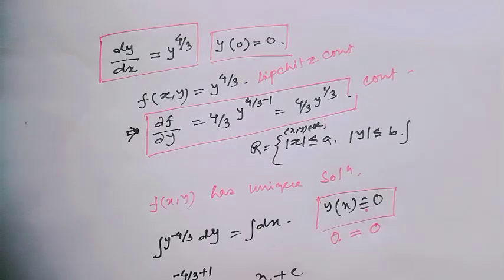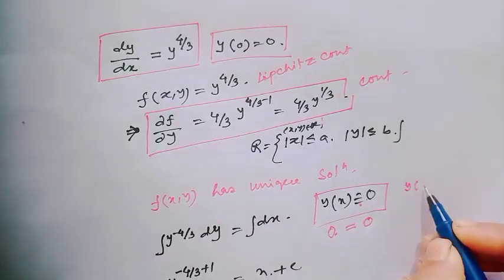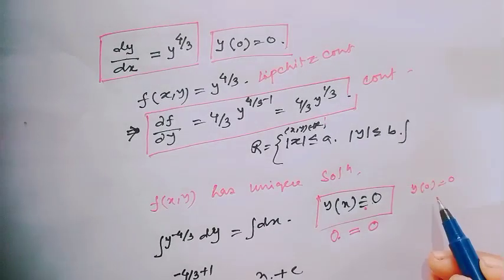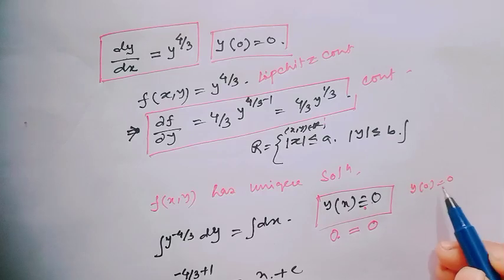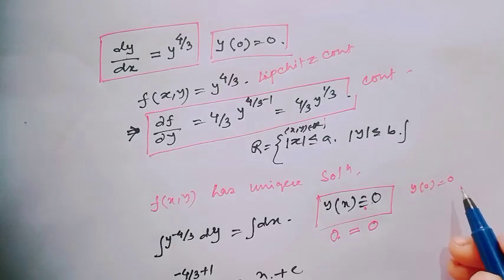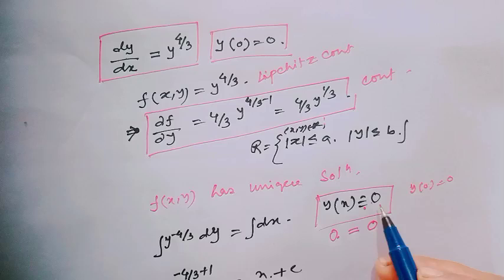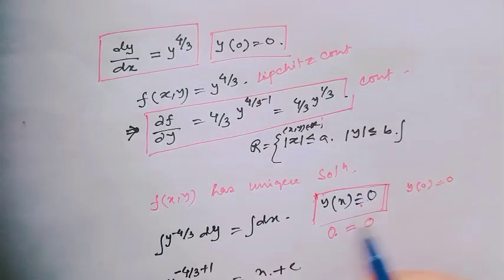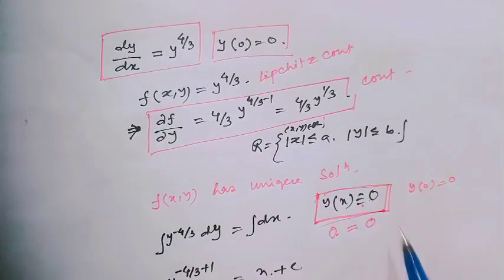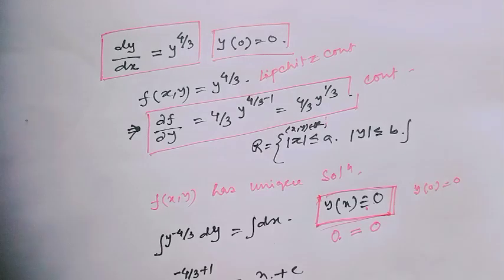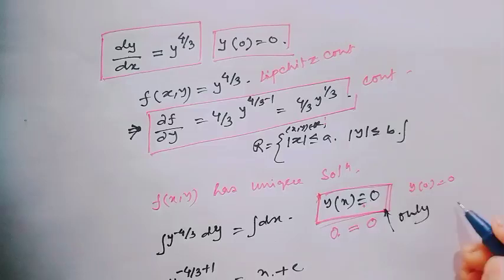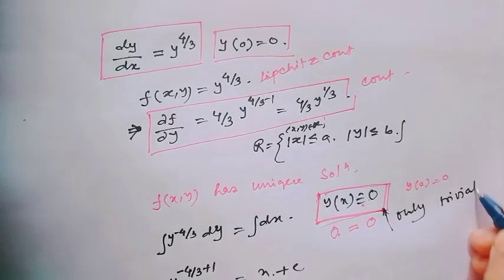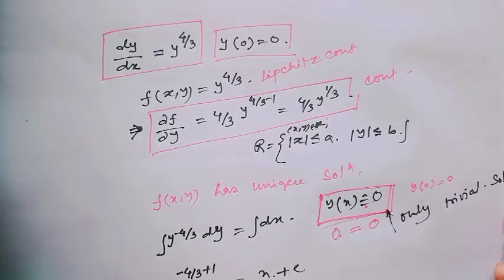Also, the initial condition y(0) equal to 0 is satisfied by the trivial solution. That means the actual solution of this unique problem is only the trivial solution. I hope all my viewers have understood this process.